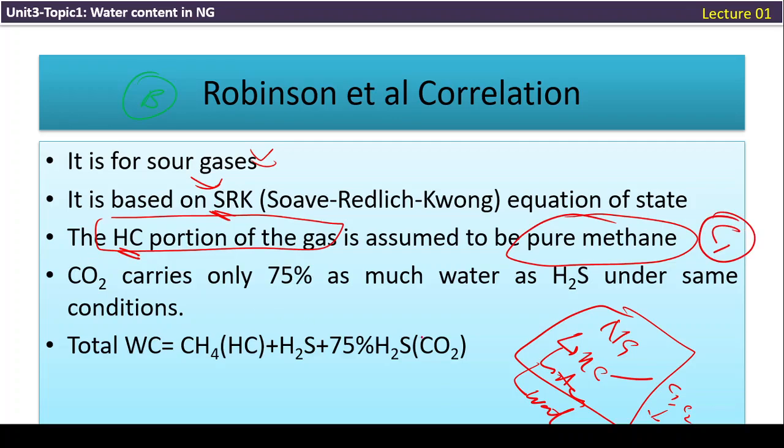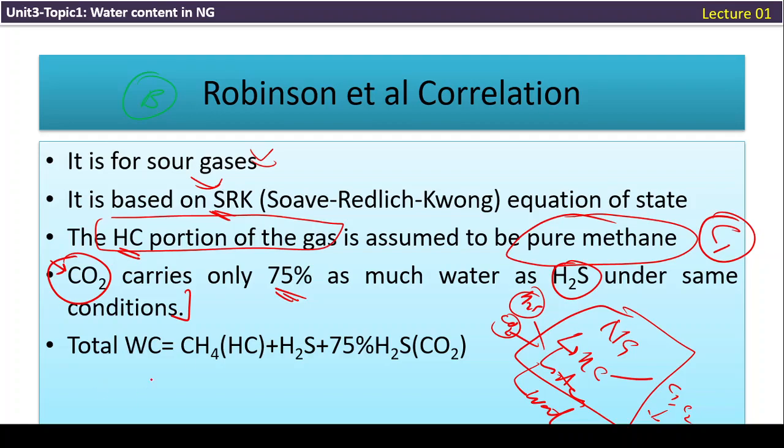The second one: in the acid gas we know that there are two components, one is H2S and the second is CO2. So we also have to convert these two values into a single one. How? CO2 carries only 75% as much water as H2S under the same conditions. So if we know the H2S water content, we can find out the CO2 water content.